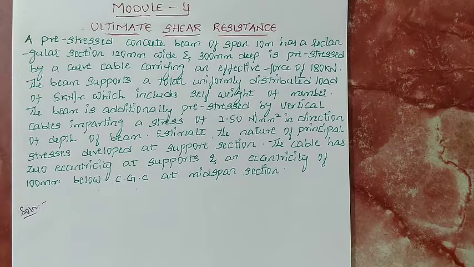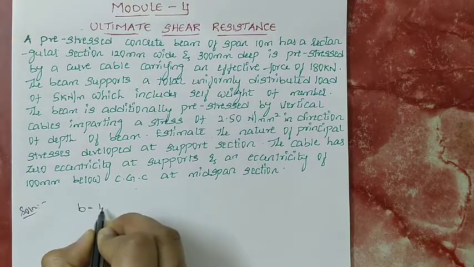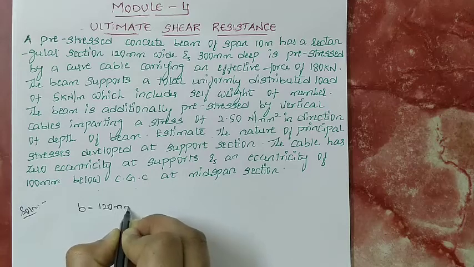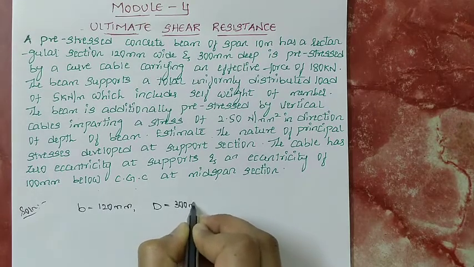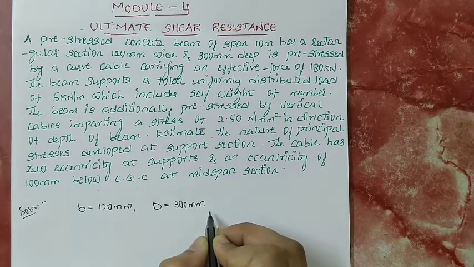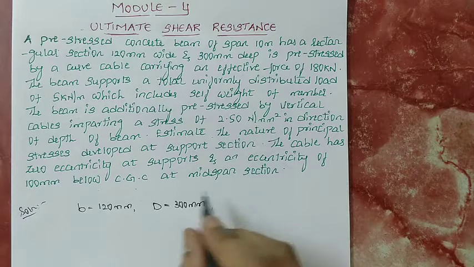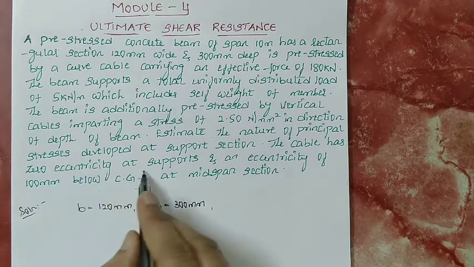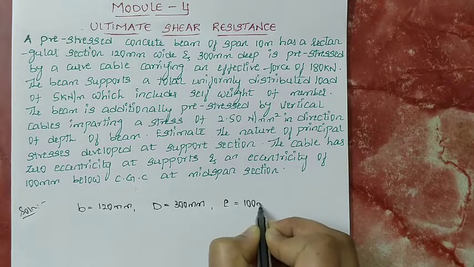Okay, first write down the data. The cross-sectional dimension of the beam they have given, that is width it is 120 mm and depth it is 300 mm. It is a parabolic cable which is having eccentricity of 0 at the support and eccentricity at the midspan it is 100 mm.